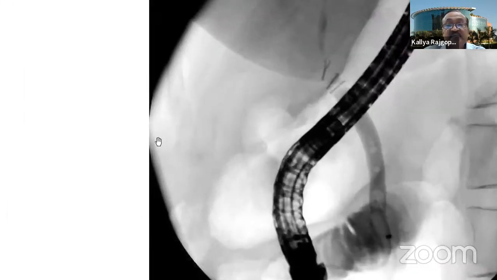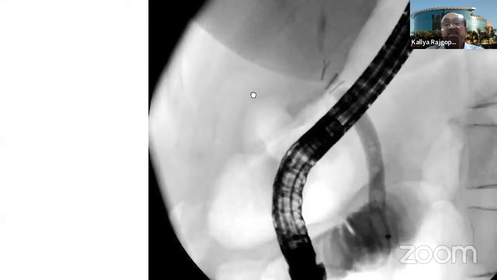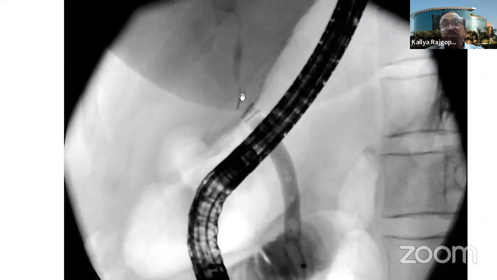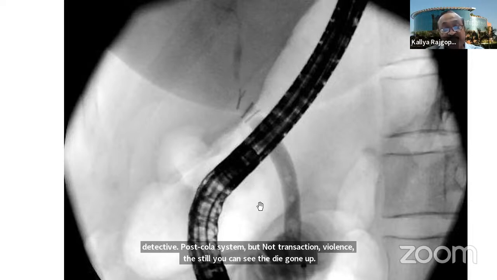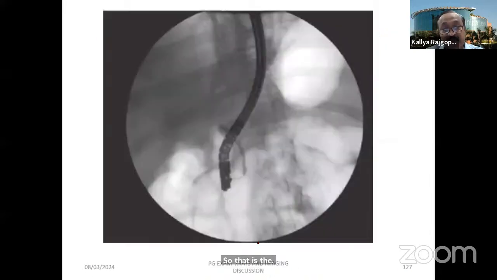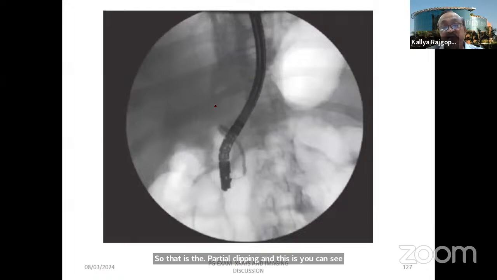Yes, look at that. So you can see the clips on the common hepatic duct actually, post cholecystectomy, but not transection. Bile is still there, you can see the dye gone up. So that is the partial clipping, and this, you can see, is a complete transection of the common bile duct.